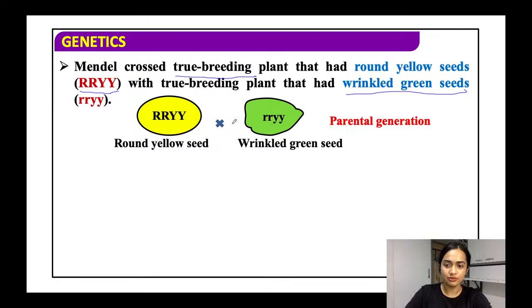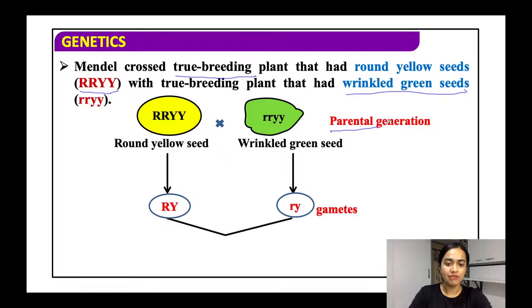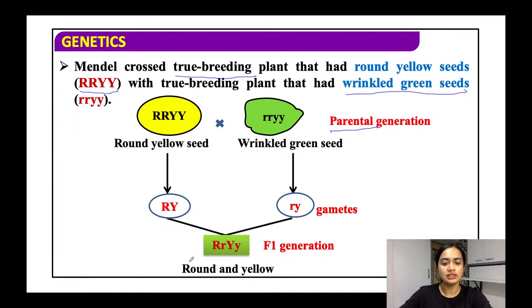This is the parental generation. Whatever two we cross is referred to as the parental generation. And what happens in the F1? In the F1, only the dominant state will be observed. So in the F1, what we get is round and yellow.